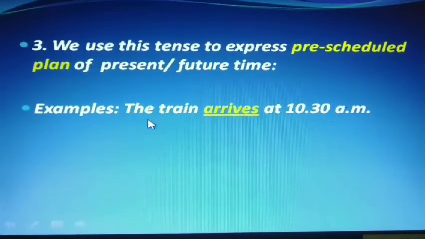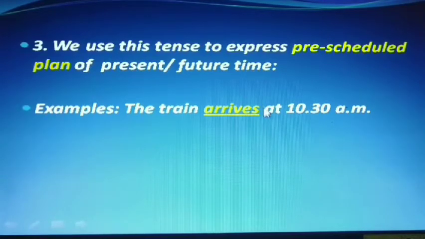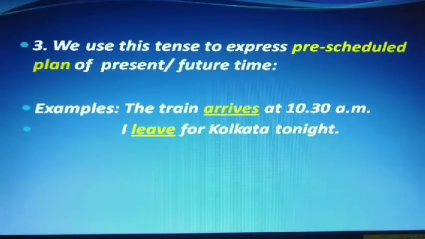Like this one. The train arrives at 10:30 a.m. I am speaking about the train when it is 9 a.m. I use simple present tense to indicate that it is pre-scheduled. The train is certainly coming at 10:30. I leave for Kolkata tonight.